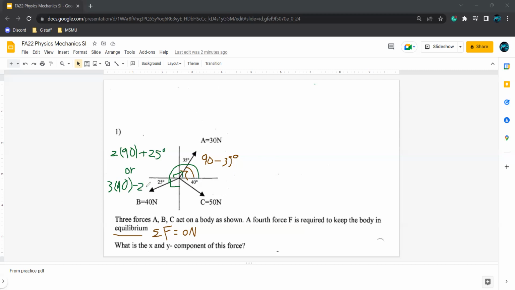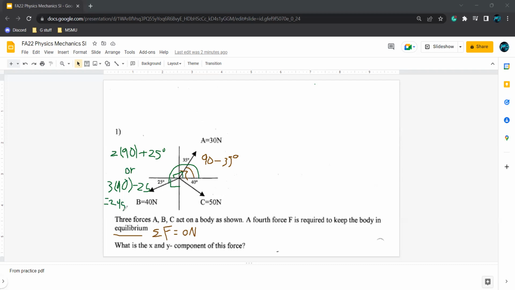Just for checking that it's the same value, I'll plug it in. So this one equals 245 degrees, right?